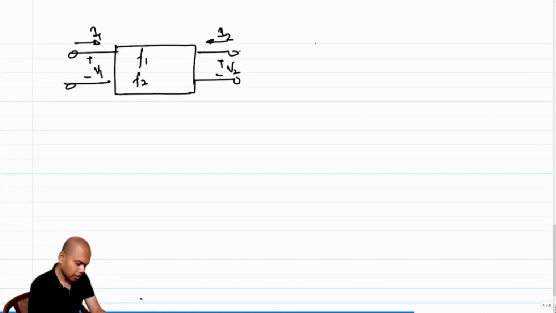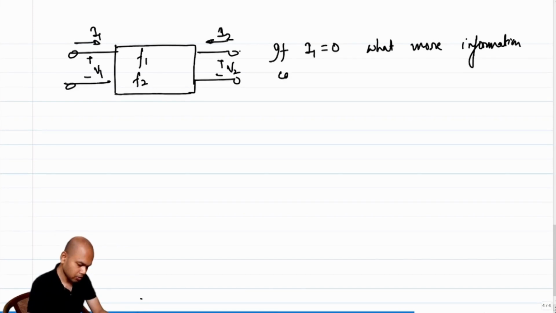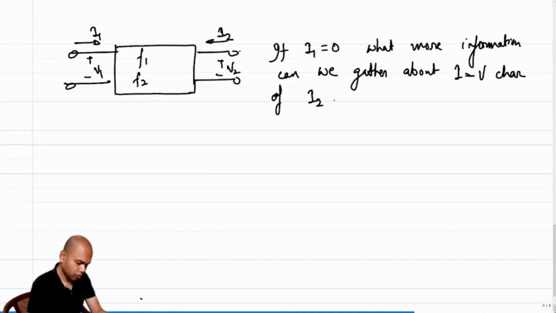So as it turns out, I1 is equal to 0, right? So let's say if I1 is equal to 0, what more information can we gather about port IV characteristics of I2 versus V1 and I2 versus V2?